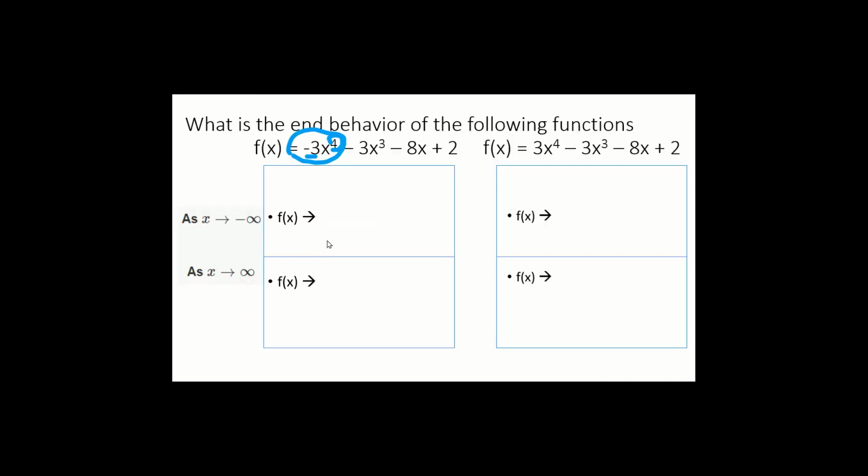It's going to go down and down. So we interpret that in words: as x approaches negative infinity, what happens to the y? It's going to approach negative infinity as well. Okay, just some more practice with interpreting this chart.